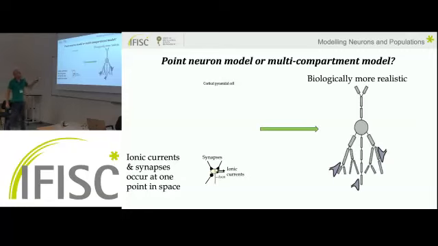If I want to make it more biologically realistic, then I have to start to put in parts which correspond mostly to the synaptic part and the dendritic part. I mean, this would be the dendritic arbor, which is now assumed to be very important for neurons. We almost cannot model a point neuron anymore, because now we know that a lot of the computation is taking place in the dendritic part, so we need to incorporate that.